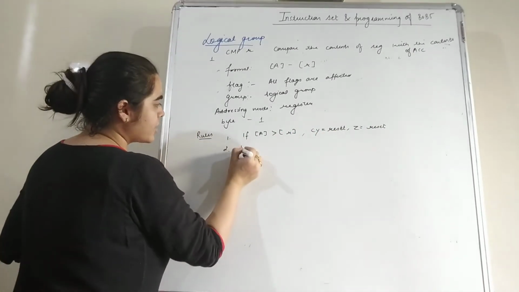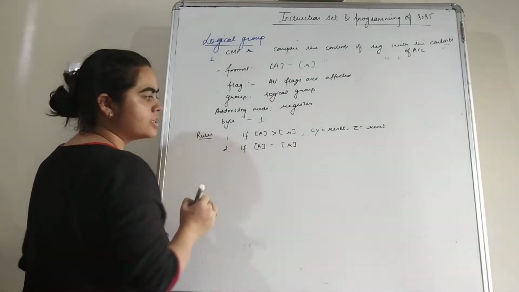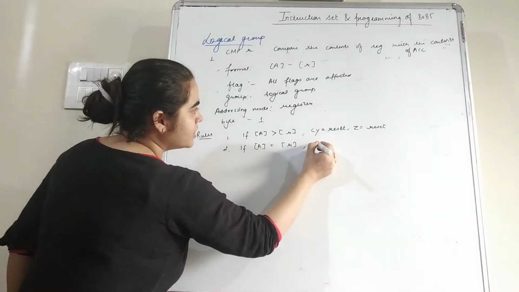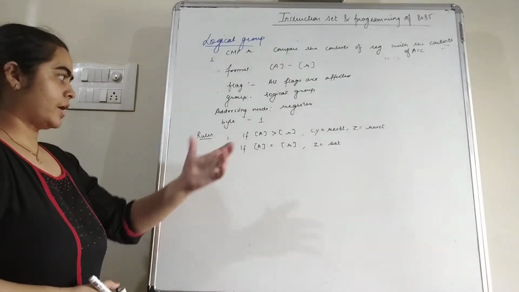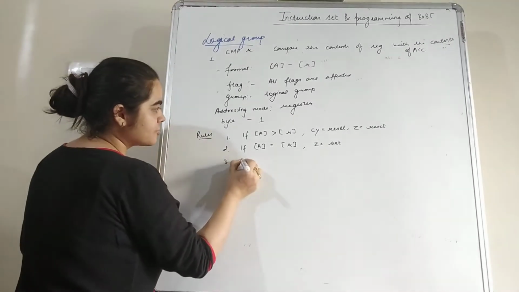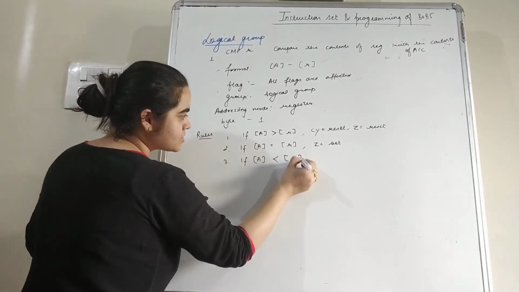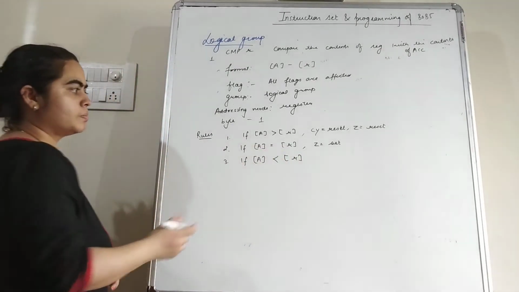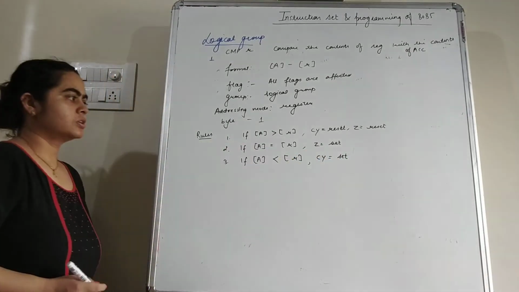The second condition is, if the contents of the accumulator are equal to the contents of the register, then we set the value of the 0 flag to 1. Third is the condition when A has a value smaller than the value of the register, then we set the value of the carry flag to 1.